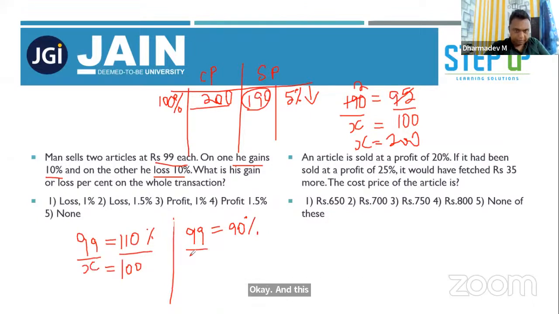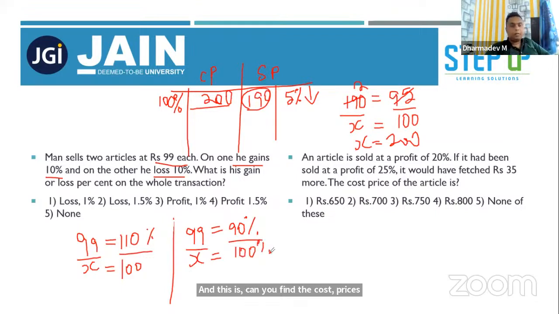Now X equals to, and this is of 100. Can you find the cost price of them both? Tell me what's the cost price of the first one, cost price of the second one.